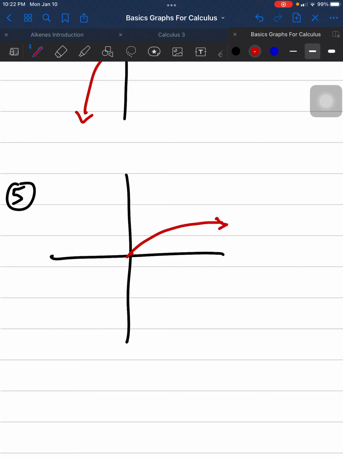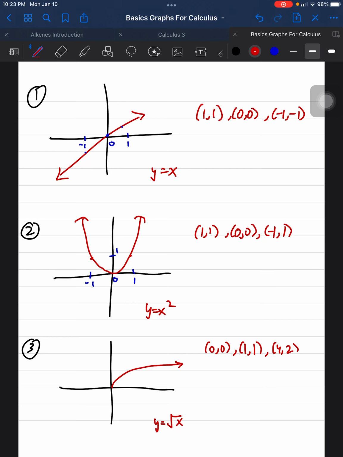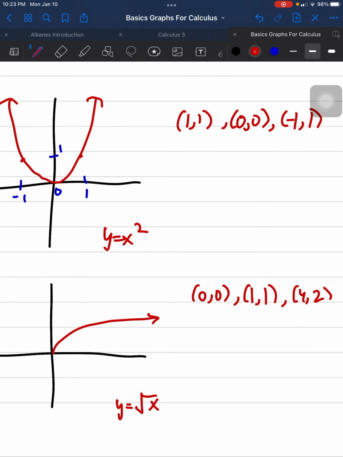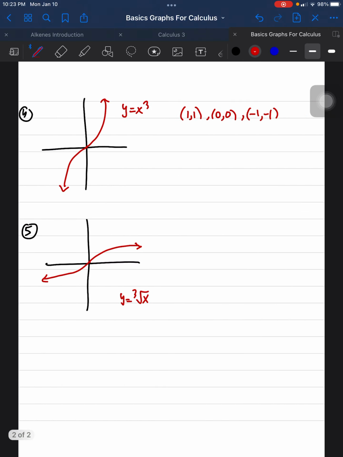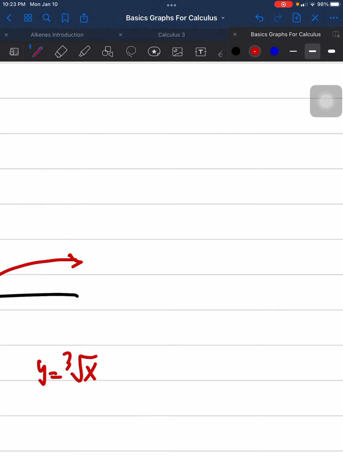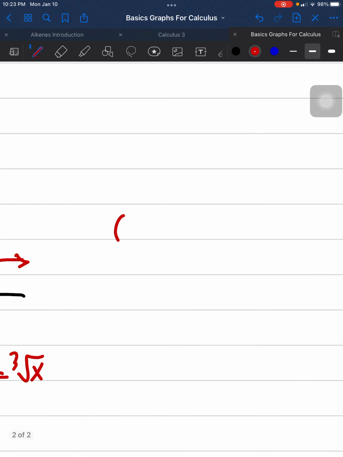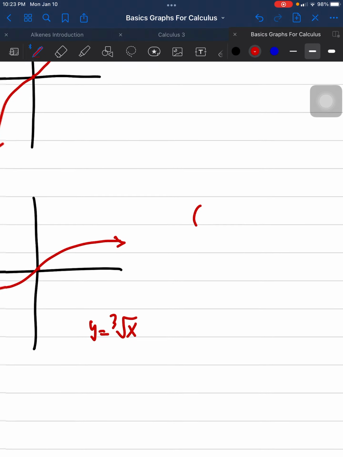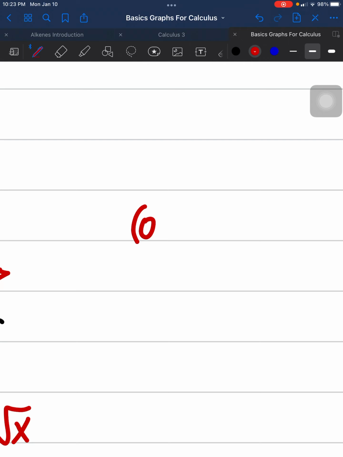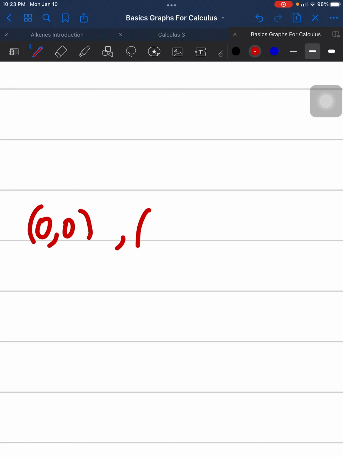So for x to the third root, its domain is all real numbers, but if you compare that to x to the second root, the domain is restricted to only positive numbers. So the key points are 0, 0, 1, 1, negative 1, negative 1.